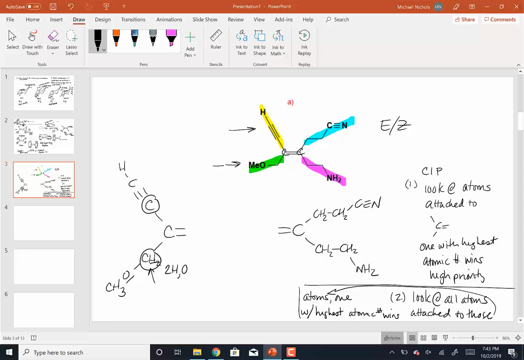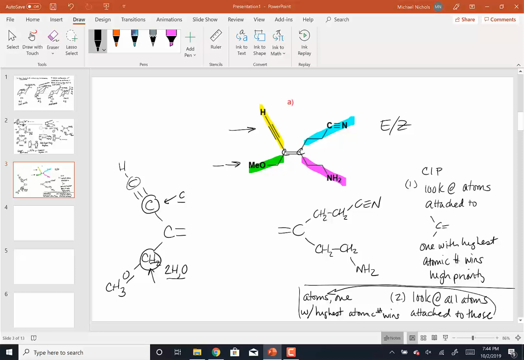Up here, I have a carbon because it's just attached to this carbon. But I've got a carbon-carbon triple bond, so now I have a huge issue. The huge issue here is I have 3 atoms versus 1, and that's not a fair battle.